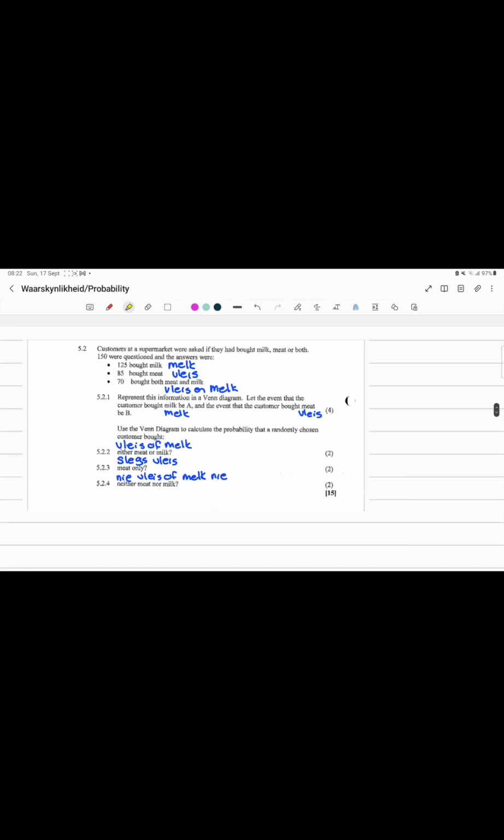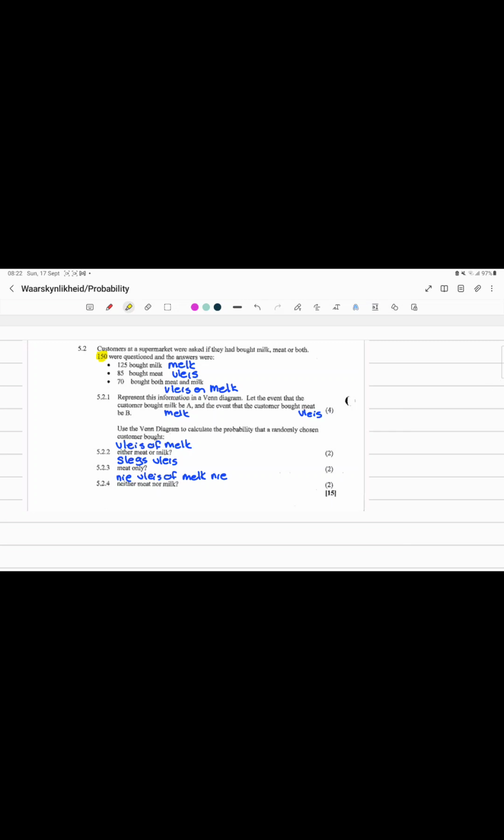So let's get started. In question 5.2 they say, customers at a supermarket were asked if they had bought milk, meat or both. So the only options are milk and meat, or both, or neither. Then they told us that 150 people were questioned. That's important. You need to know your total.